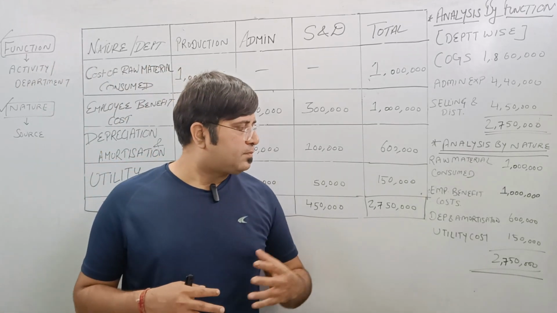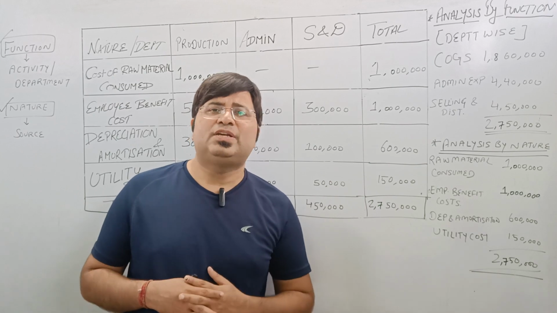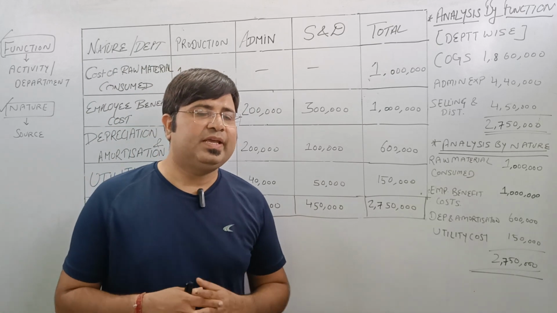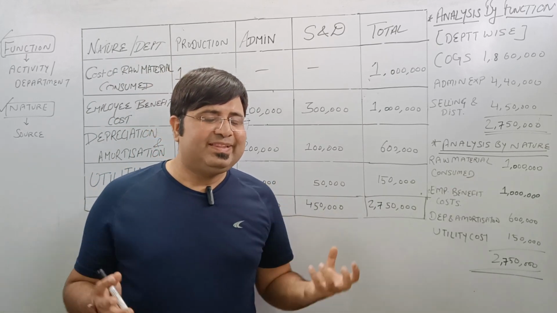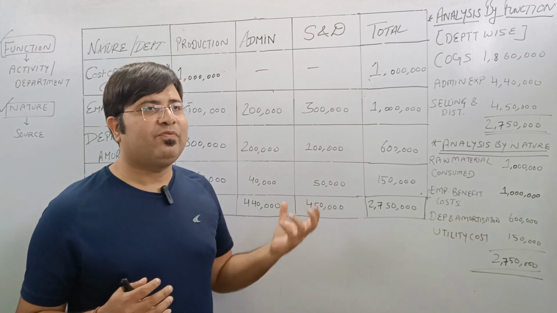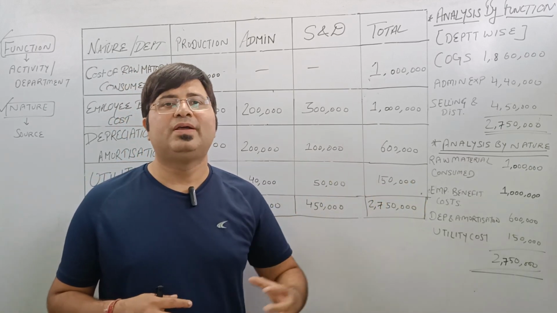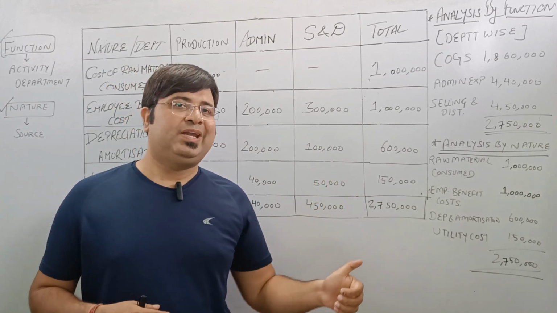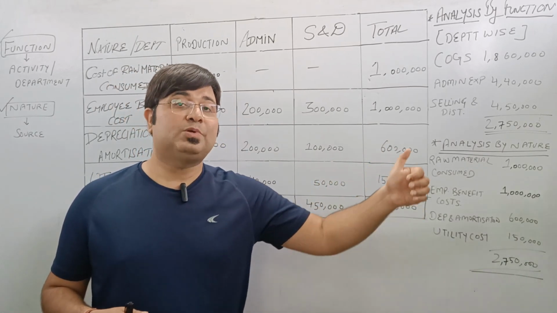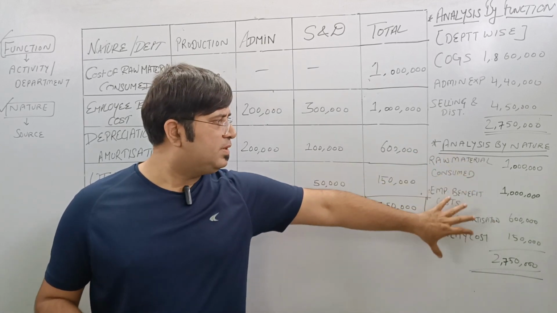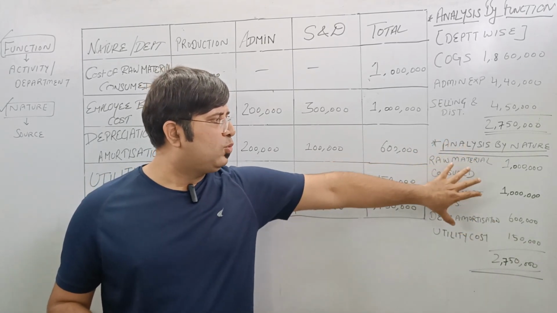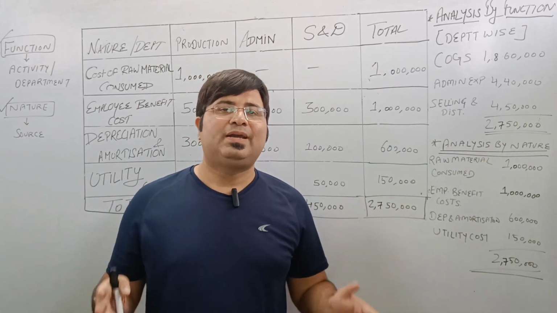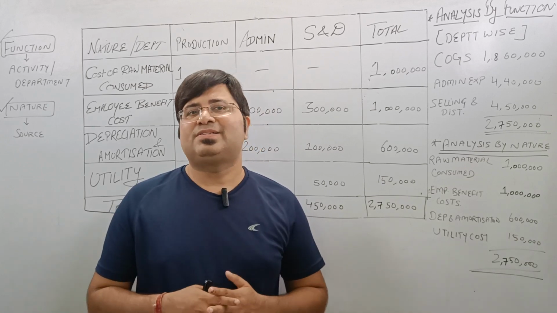Practically, it is easier for an organization to present the expenses by nature, because by function they have to classify the nature of the expense using various allocation drivers, and then they can work out how much pertains to the production department, how much to admin, and how much to selling. It is quite easy to represent, but sometimes it becomes tedious because they have to allocate the cost to the different departments.